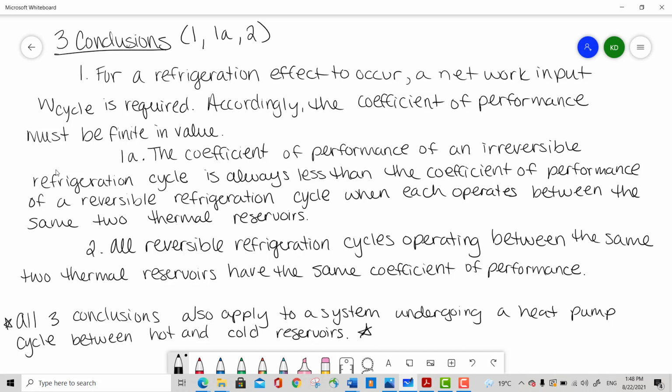Therefore, you're not going to have a better best, right? Or a less best when you're speaking in terms of reversible when you have the same parameters to consider. And then just a note at the bottom, all three conclusions also apply to a system undergoing a heat pump cycle between hot and cold reservoirs. So just kind of further defining those parameters.